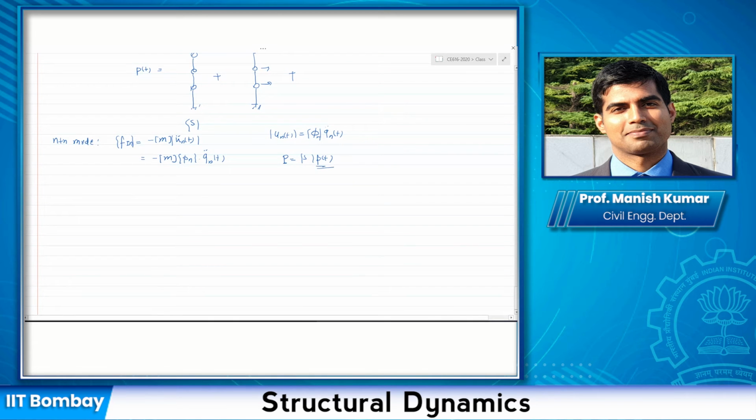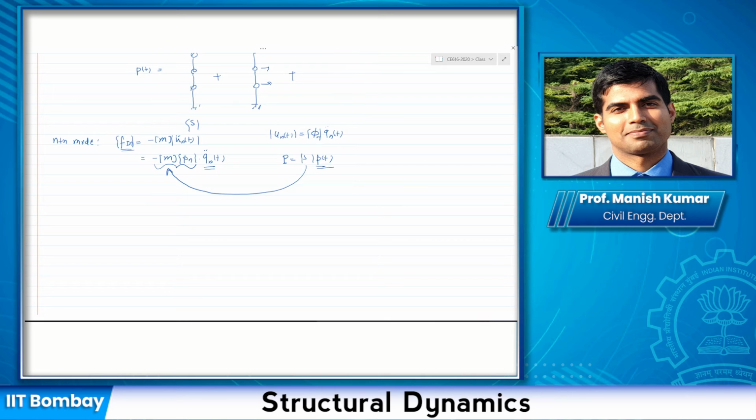This is the time variation. What is S here? S is basically this quantity, and what is this quantity? This is the spatial distribution associated with the inertial forces that I have. So I hope this is clear to you.